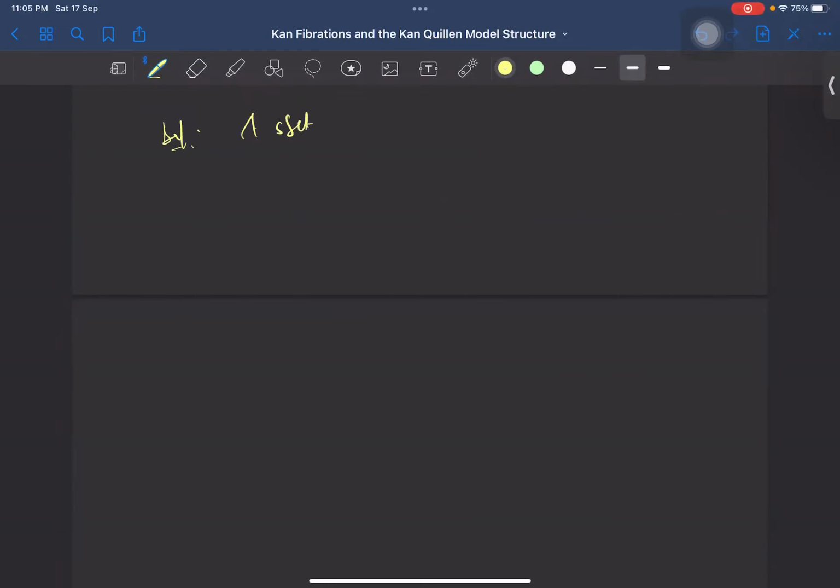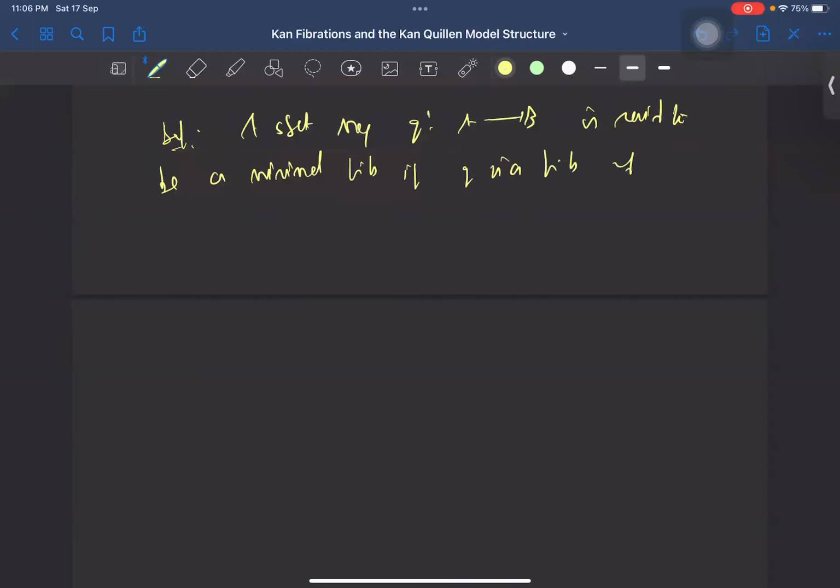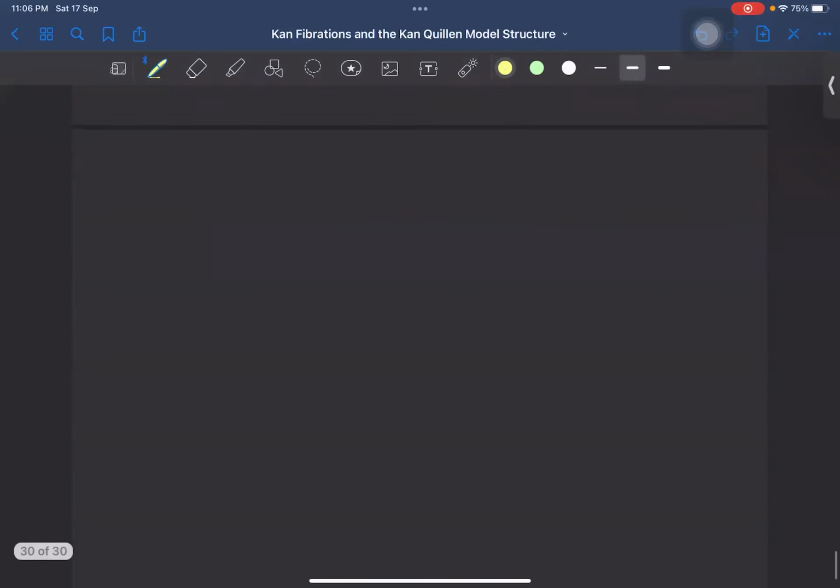A simplicial set map Q from A to B is said to be a minimal fibration if Q is a fibration and for the following diagram. So let me draw it first.